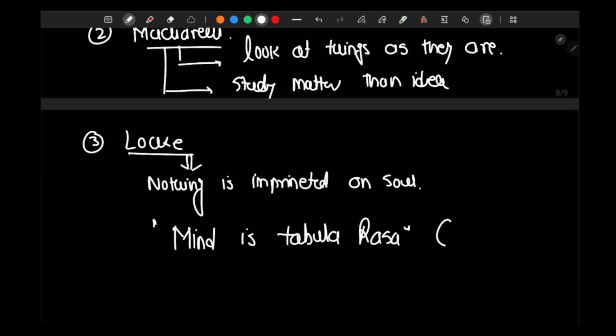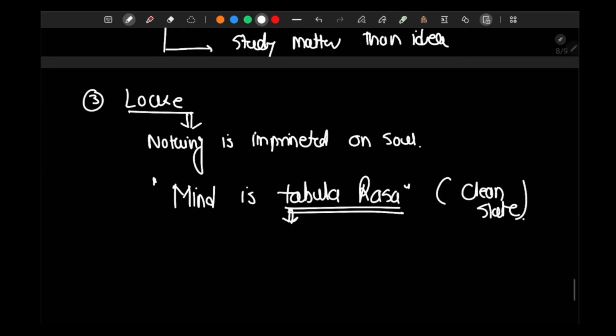That is, mind is a clean slate. Whatever you observe will get imprinted on your mind, and that is your conception of everything.